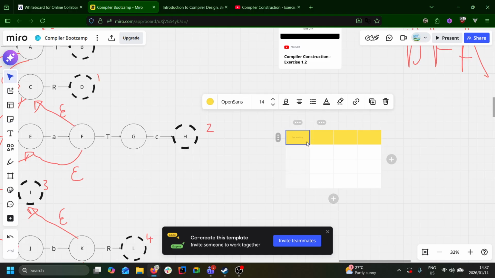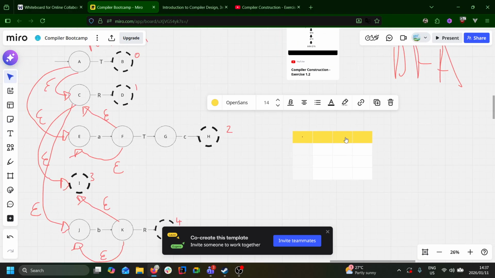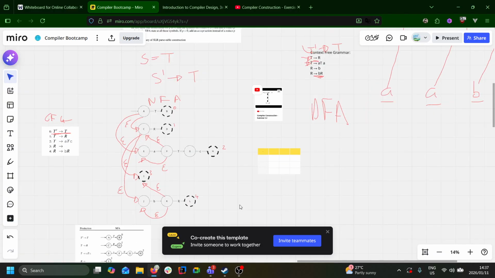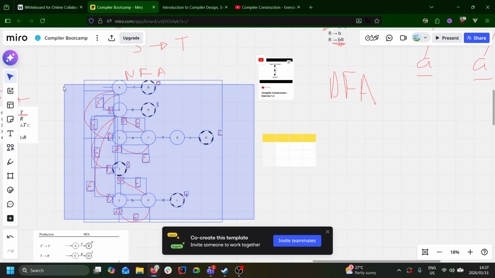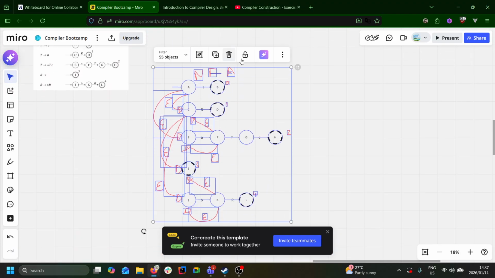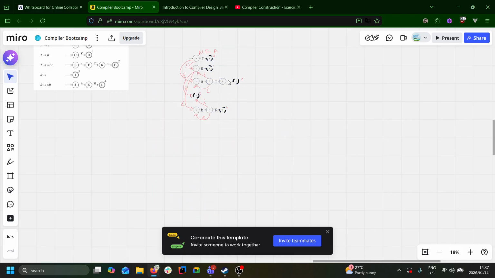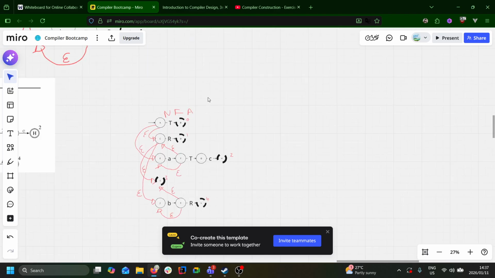So the table is going to have the following values. You're going to have to zoom in quite a lot. You just copy this entire thing and then just scale it down. Okay, it's good enough.